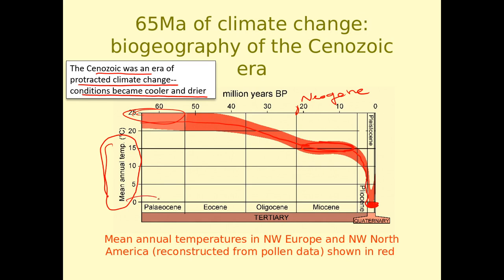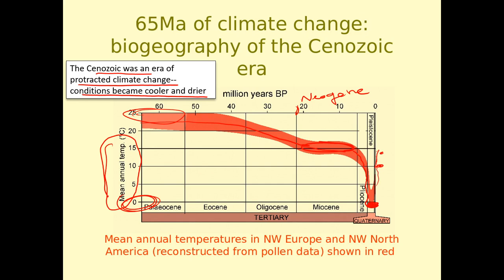If you can believe this, the mean annual temperature was 0 degrees Celsius, so it was freezing. That resulted in a lot of Earth being covered with glaciers. During the Holocene, things are bouncing back, and now we're more up here, close to 15 degrees Celsius annual mean temperature.